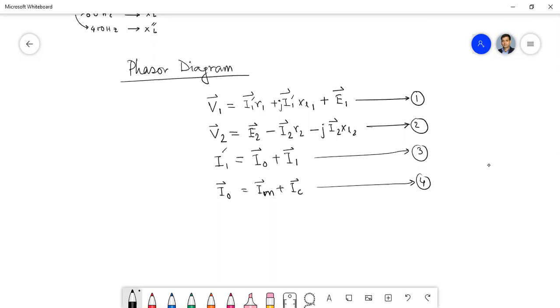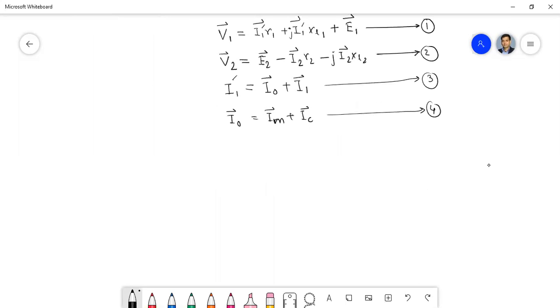Now other relations also we have which connect the primary and secondary, and they are E1 by E2 equals N1 by N2 and the MMF balance equation.